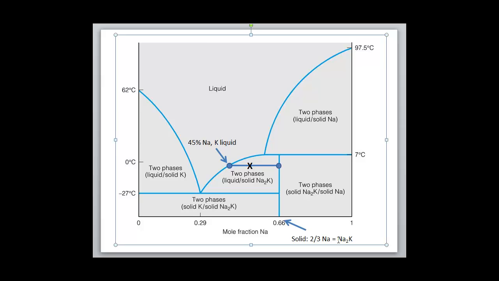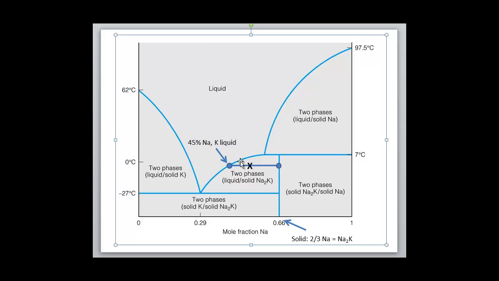So that's a specific solid compound. This line indicates I have a solid, and that solid has a stoichiometric ratio of 2 sodiums for every potassium. So that's what I have in this region indicated by this line, Na2K. Those are my two phases, one of which is liquid, and one of which is Na2K.